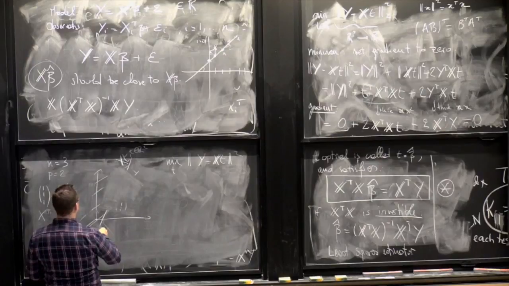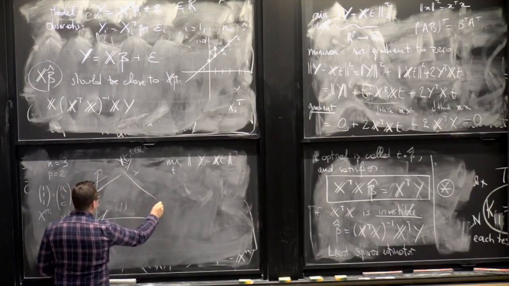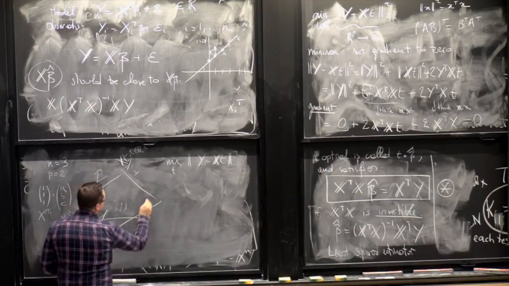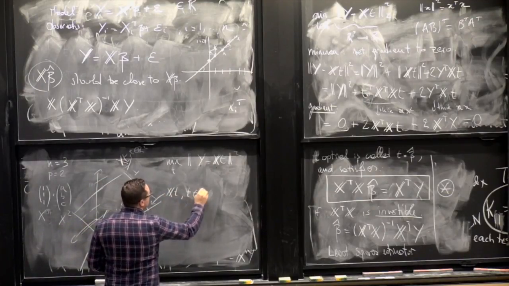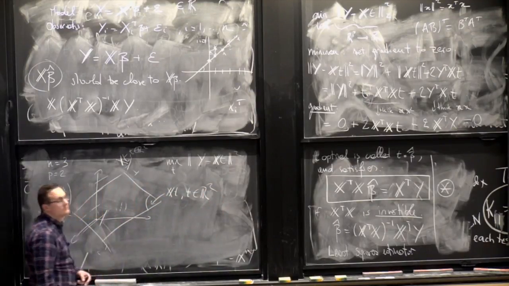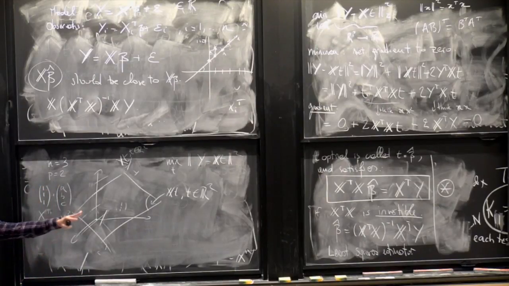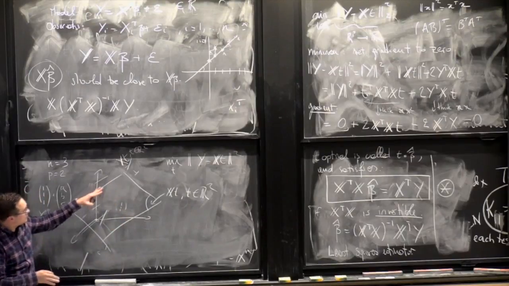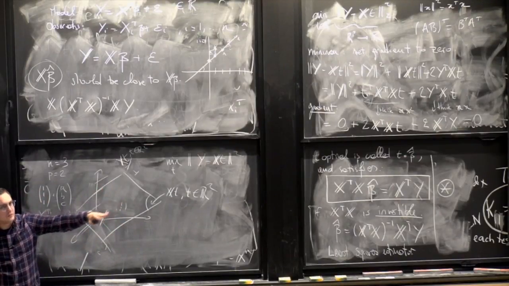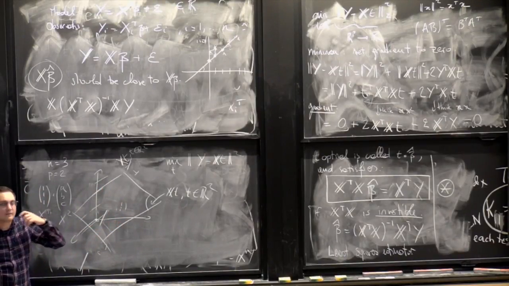OK, so I'm going to do it like that. So this plane here is the set of xt for t in R2. That's a two-dimensional plane. It definitely goes through 0. So think of a sheet of paper in 3 dimensions. Those are the things I can get.